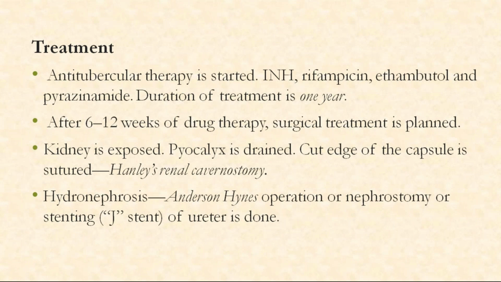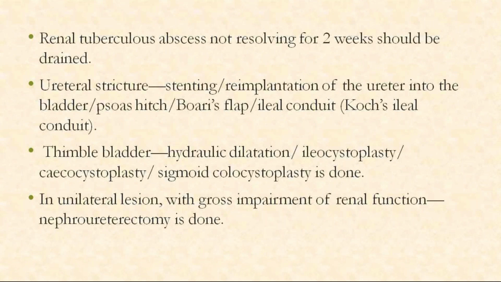So this is tuberculosis of the kidney. How will you manage if a renal abscess is there? If it is not resolved even with medical treatment, you should go for incision and drainage. Okay. Next, I already told you, urethral stricture can occur. How will you manage the urethral stricture?